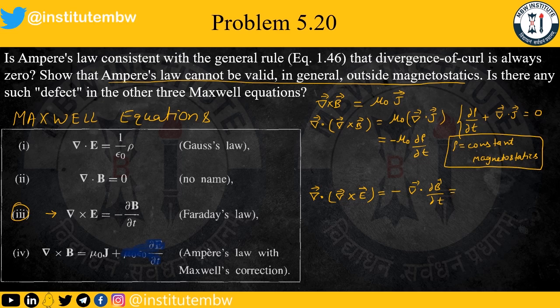We can take this partial differentiation out and write it as minus del over del t of del vector dot B vector. Using the second equation, the divergence of the magnetic field is 0. So it is 0. So this equation is also correct, and to prove the third equation we are using the second equation.